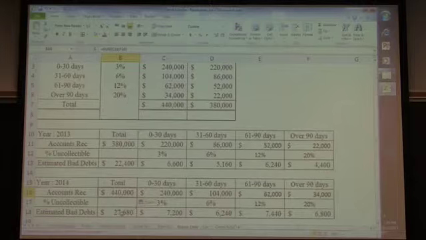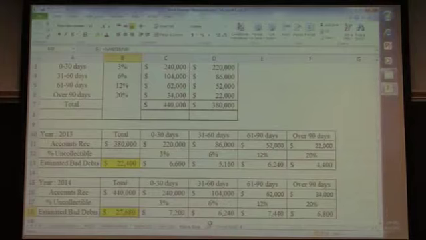So these are the two amounts that I would need to provide at the end of each of those years relative to my allowance for bad debt, because those are the amounts that I estimated I may not be able to collect for each of those two years.